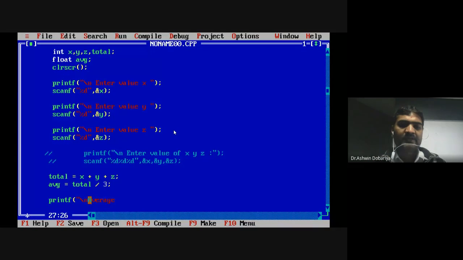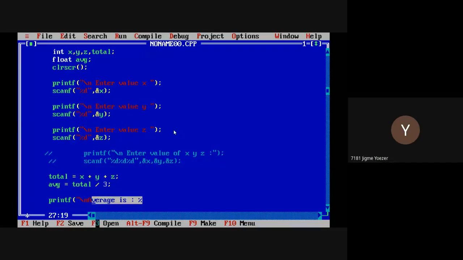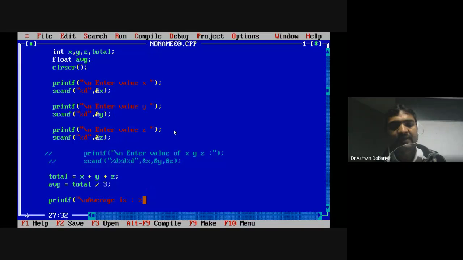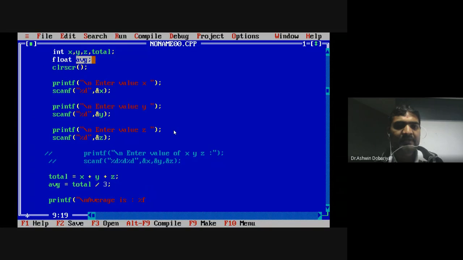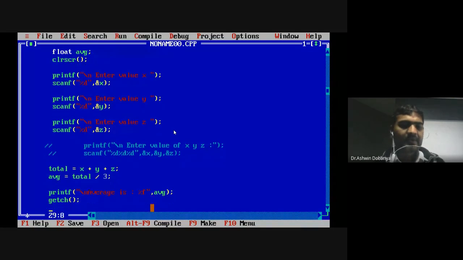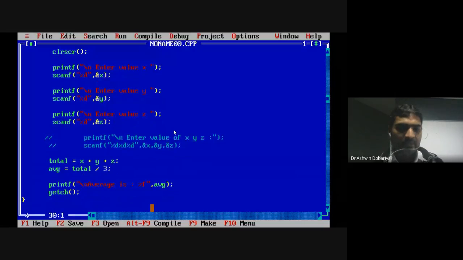So average is, now which format specifier I have to use over here to display average? Percentage f. Yes, very good. Percentage f, because average is declared as a float, and if I want to display the value of average, I have to use percentage f. Double quotation, then AVG, and getch. And here our program is over.